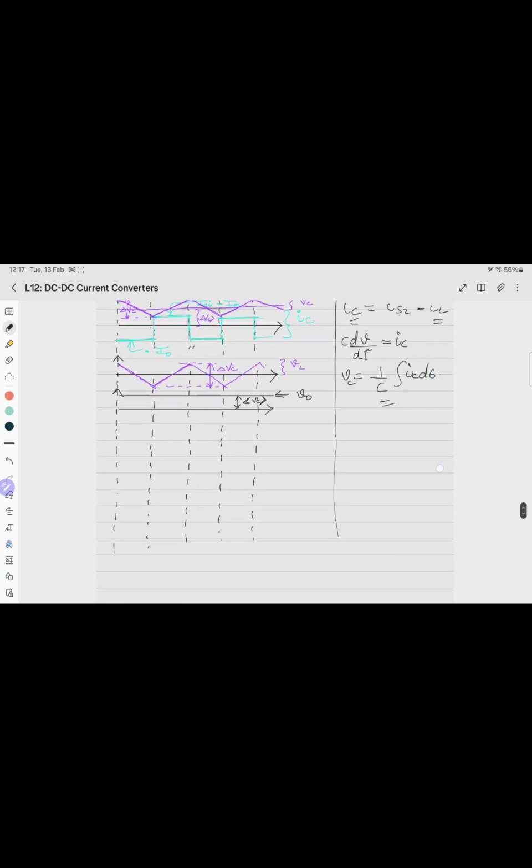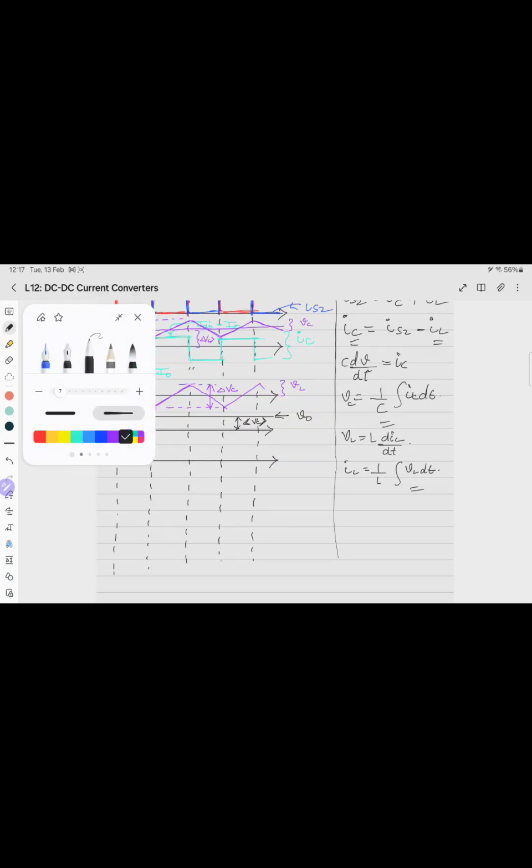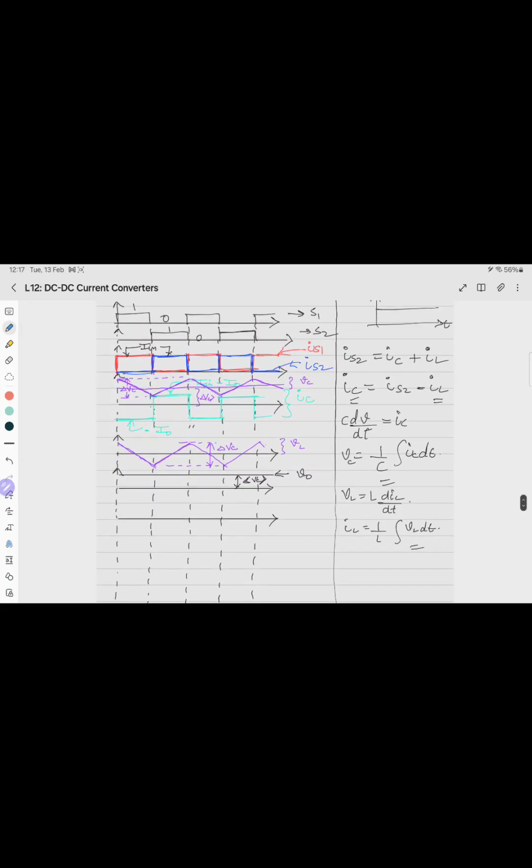So what I will do is, VL is L dIL by dt. So IL is 1 by L integral of VL dt. Now if I draw the waveform of IL, it will be the integration of VL.